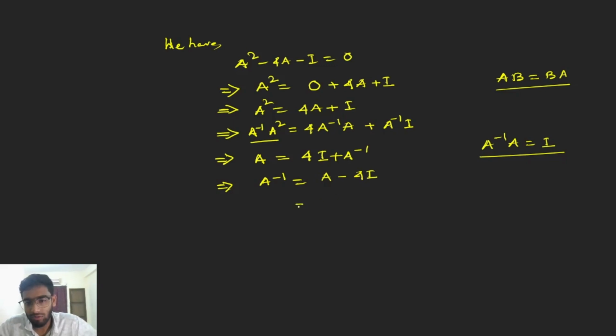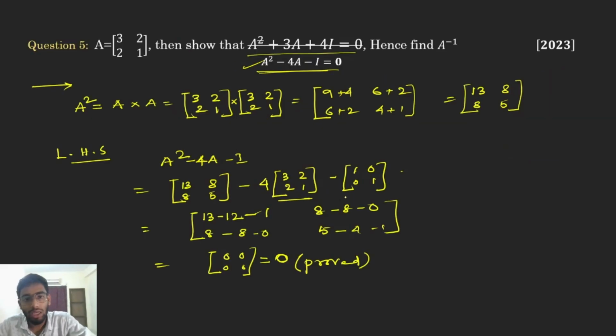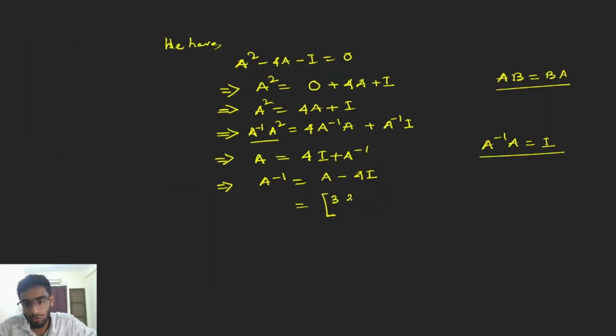So now from that we can easily calculate. Our A is 3, 2, 2, 1, minus 4 multiplied by the identity matrix, which is 1, 0, 0, 1.